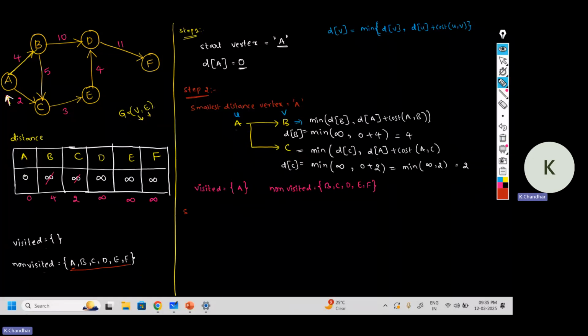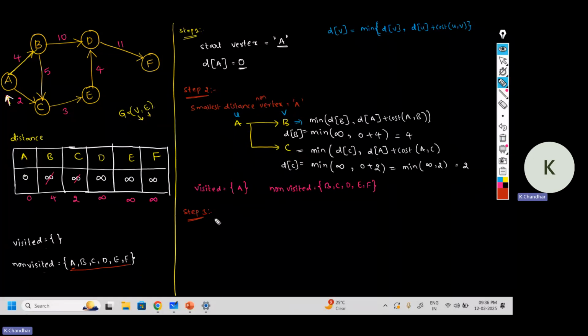So next, step number 3. The same thing will be continued. What I did in step number 2, I picked the smallest distance vertex from non-visited vertices.